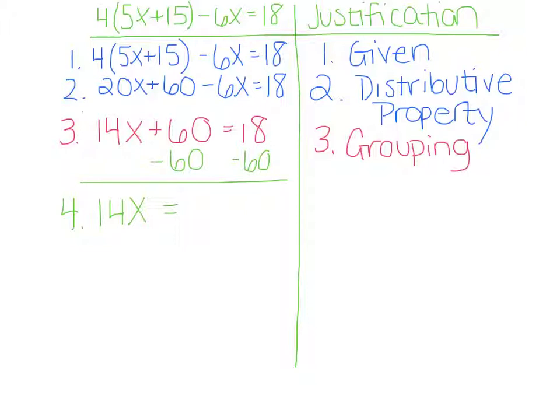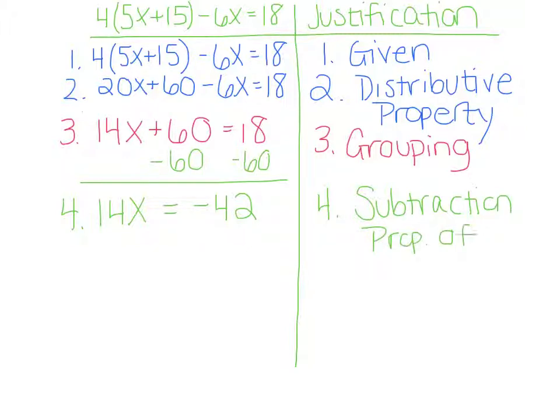Hopefully you know that is negative 42. So what property did we just use when we subtracted 60 on both sides? We use the subtraction property of equality.